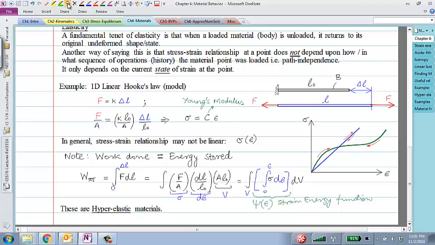Any material whose behavior we can express in this form, that has a strain energy density function associated with it, is called a hyperelastic material model.